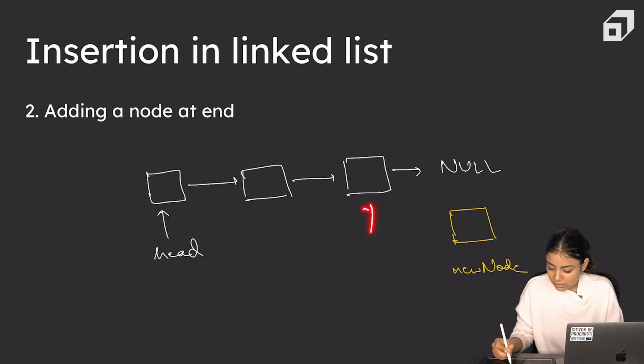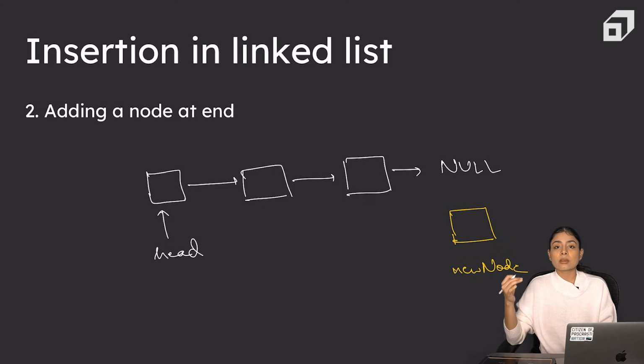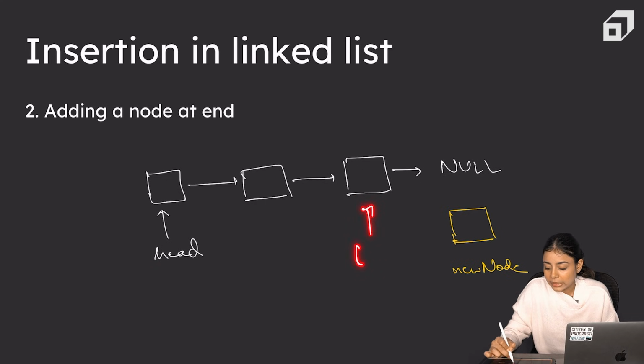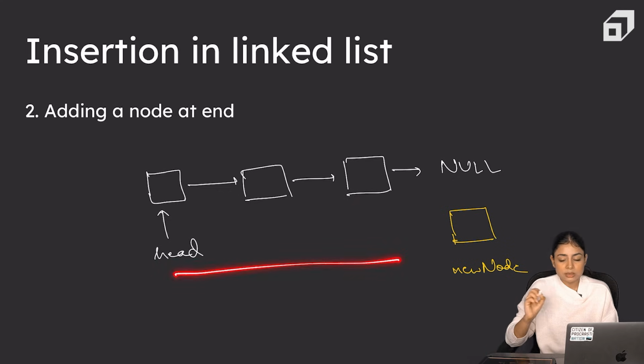So to get access to this, this will become easier when we have the tail pointer. In some cases, just how we are given head pointer, we are also given tail pointer. Tail points to the last node. But in this case, let's take it easy. Let's just have the head pointer. So if I want to get to the last node, I can just traverse, right?